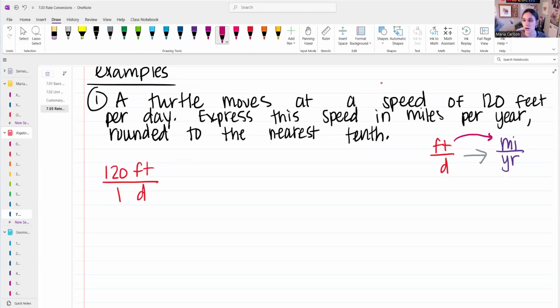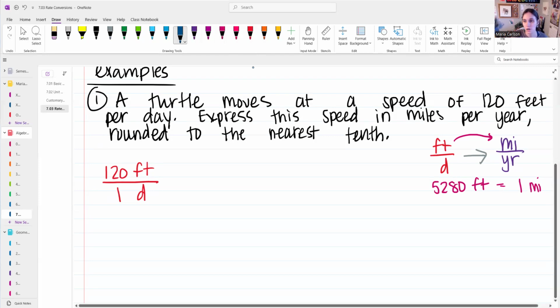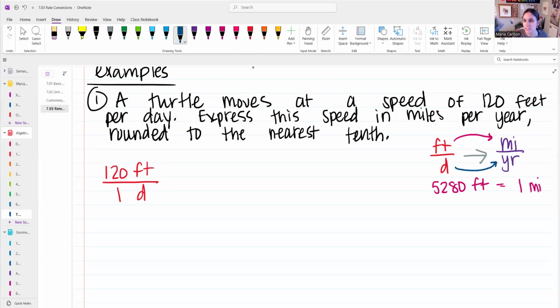And I actually know that there are 5,280 feet in 1 mile. So I can use that as one of my conversion factors. And then when I go to convert days to years, we know there are 365 days in a year. I know leap year kind of causes some issues, but we're just going to use that there are 365 days in 1 year.